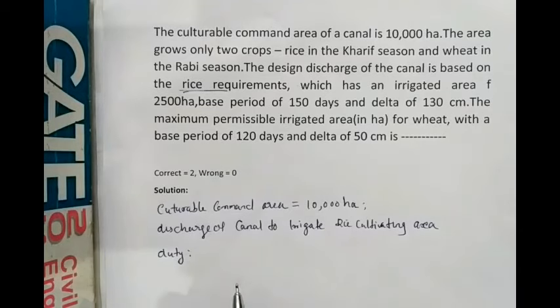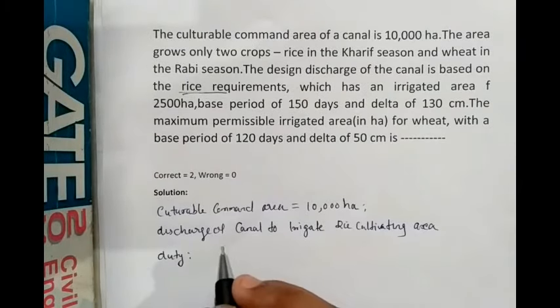Duty is the efficiency of the irrigation canal in terms of cultivable area, such that if the discharge of the canal is a unit, let's say 1 meter cube per second, and the canal draws 1 meter cube per second throughout the base period, the duty is how much area it can irrigate.